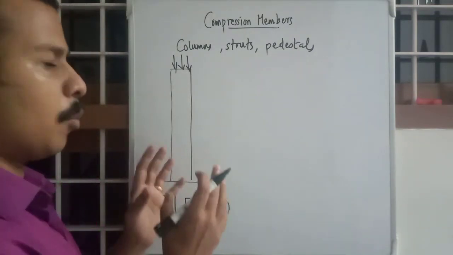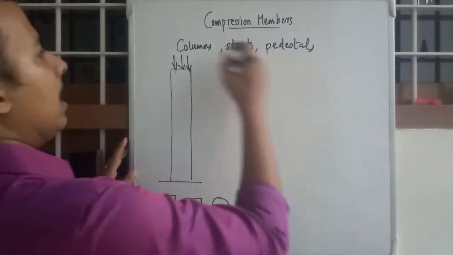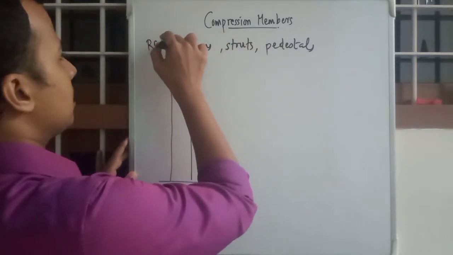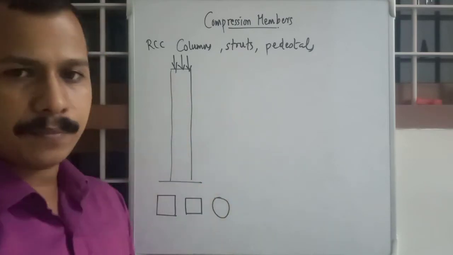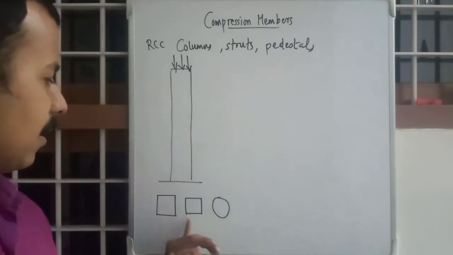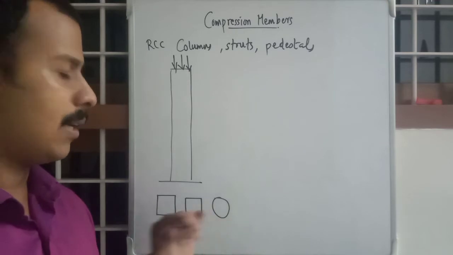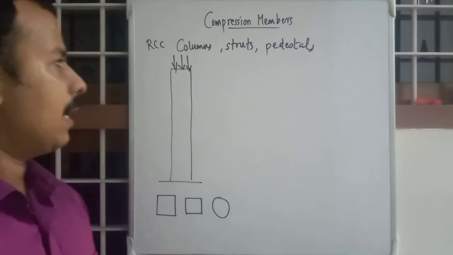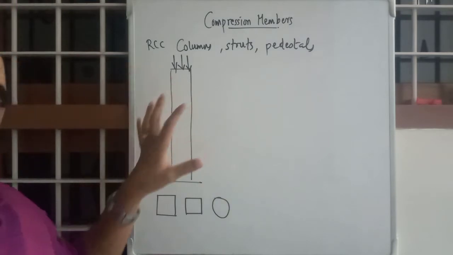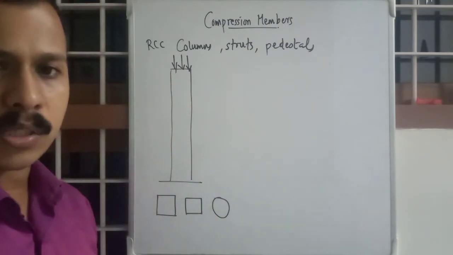As per our topic, we are only concentrating on RCC, reinforced cement concrete columns. So there are rectangular, square and circular cross sections, and based on the requirements we will decide which type of cross section we need.